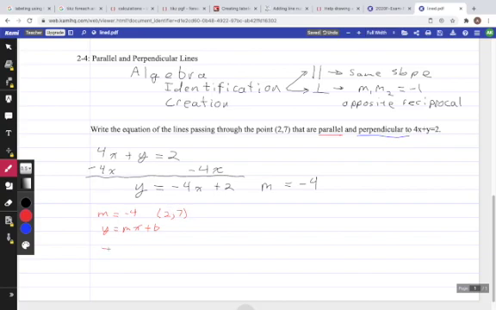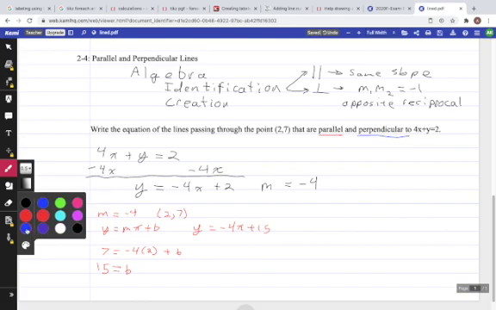So 7 equals -4 times 2 plus b, and we can solve this out to end up with positive 15 is b. So y equals -4x plus 15 is our parallel line.